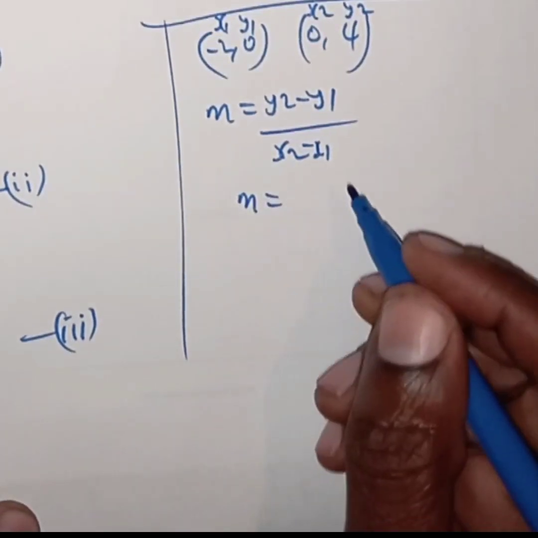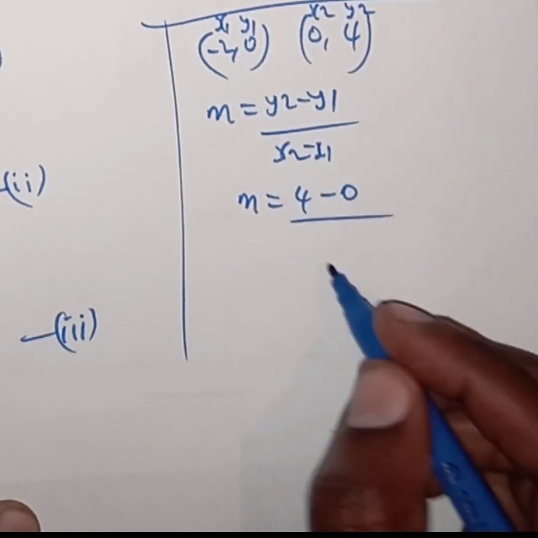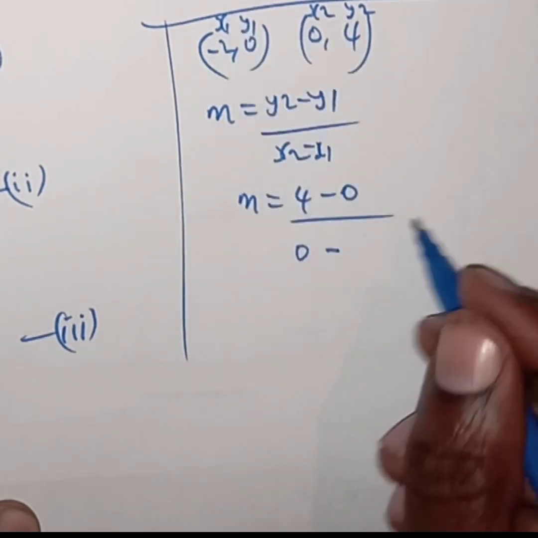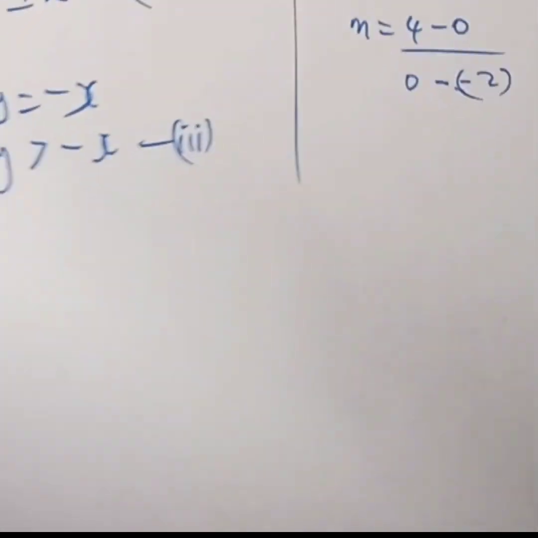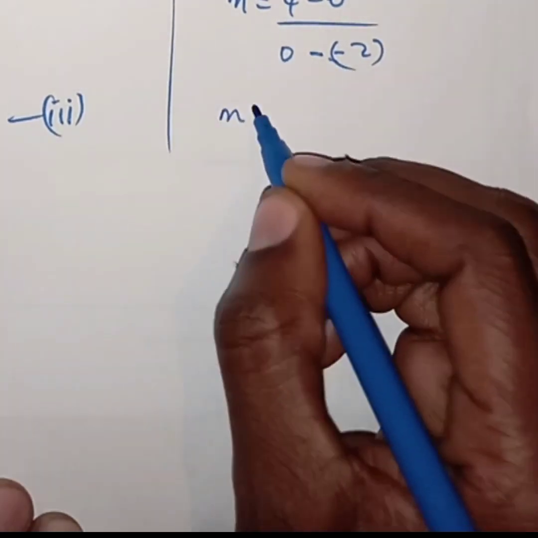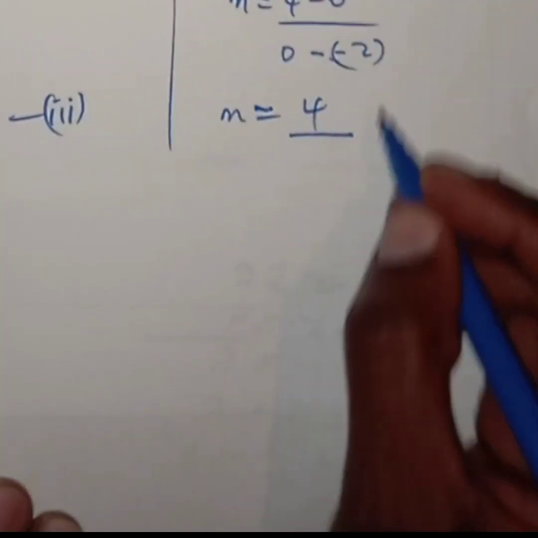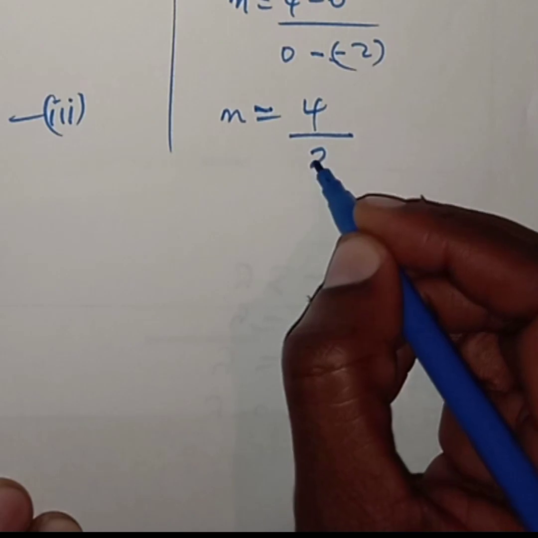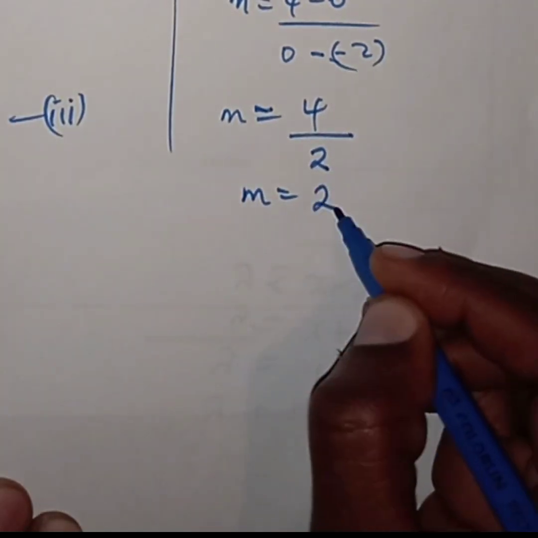So the slope will be y2 is 4, y1 is 0, over x2 is what? 0 minus x1, which is negative 2. When signs are following each other, you put in brackets so that in the next step you'll be able to come up with a single sign. So gradient is equal to 4 minus 0, 4, over negative times negative, positive, 0 plus 2, 2, right? So gradient is equal to 2.